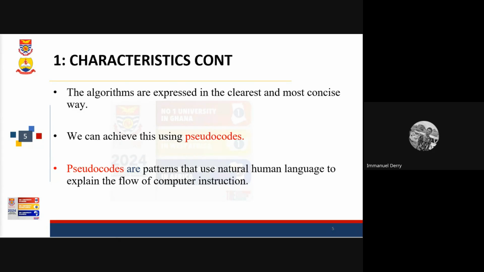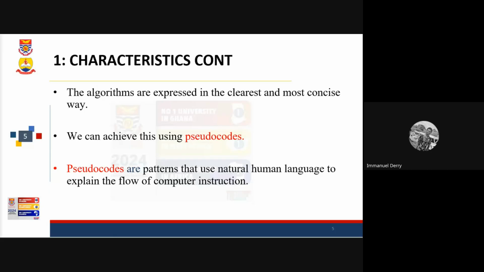And then also, an algorithm should be expressed in a clear and concise way. This is very important because an algorithm is not programming language dependent. It means that when it is clear and concise, anyone that is good at any of the programming languages can just pick it up and write it in it. So it's supposed to be very clear and also concise.